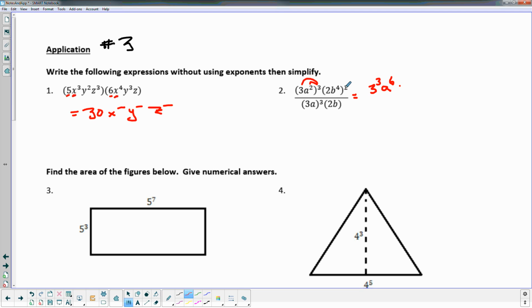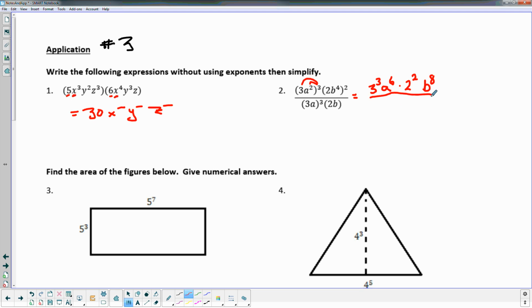And then in this one, I'll have 2, again, I have to think of 2 to the 2nd power, and then b to the 4 times 2. So 4 times 2 is 8.